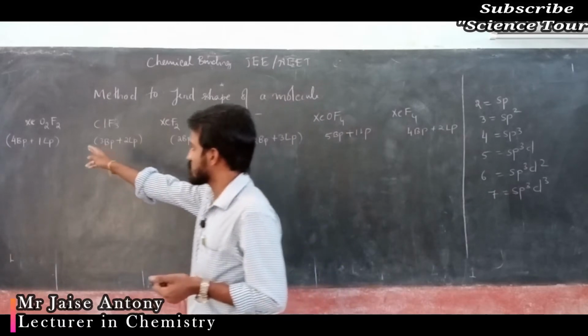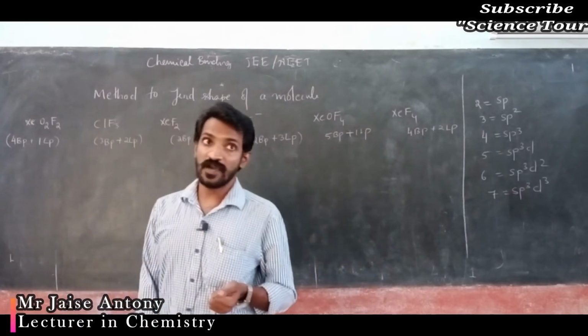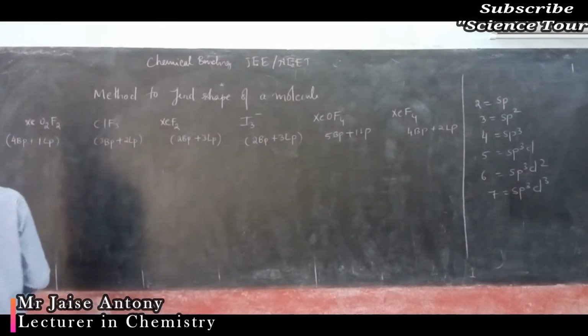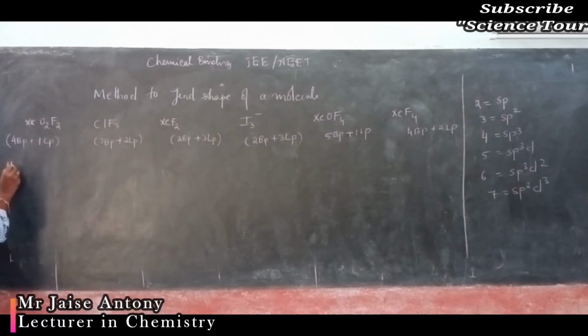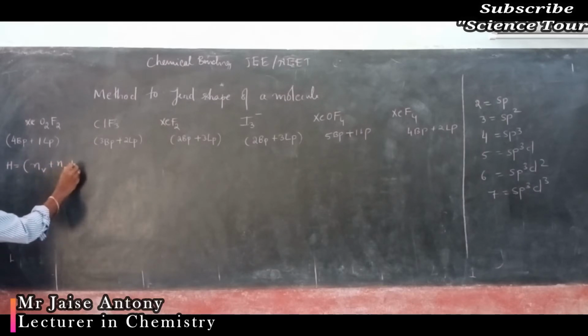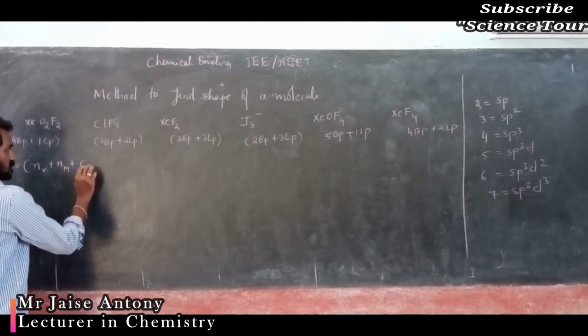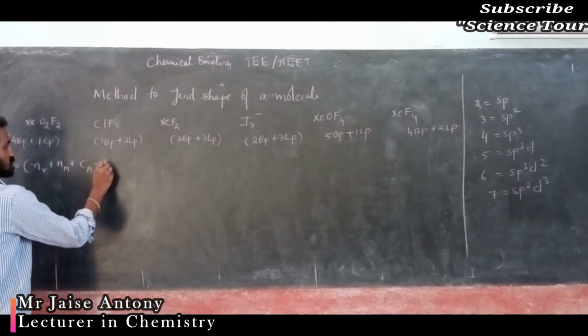First one, what is the hybridization of this particular molecule? How to find hybridization, my dear students? H is equal to hybridization: number of valency electrons of central atom plus number of monovalent atoms plus charge of anion minus charge of cation.